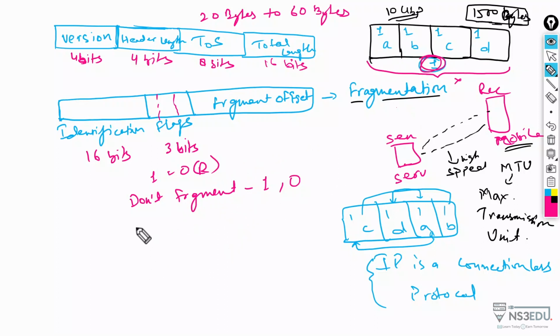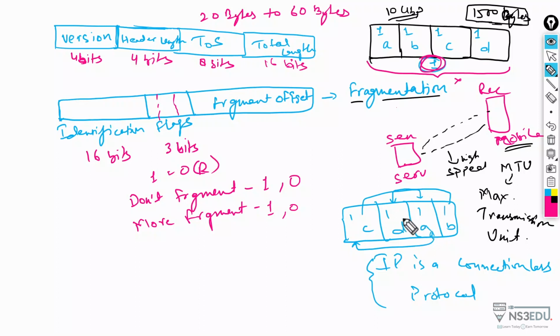After that comes the more fragment flag. If it is 1, it means that more fragments are coming. If it is 0, then no more fragments are coming. This is good because, let's say, 1C and 1D got received and A is not received.